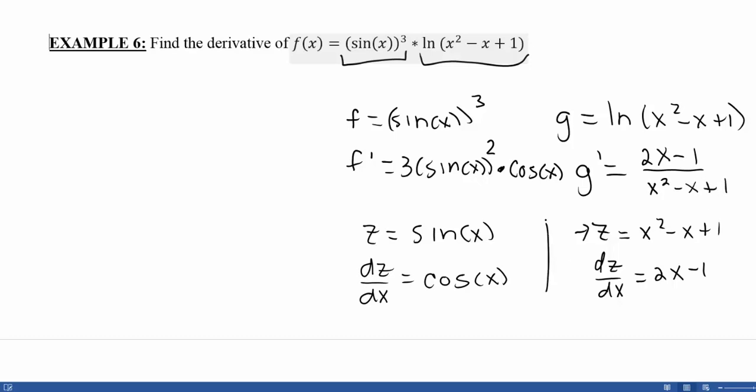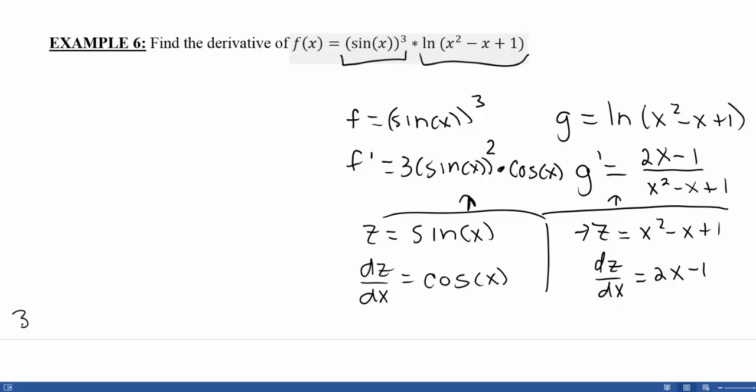So I had to use a chain rule for both of these to find their respective derivatives, but within the framework of a product rule. So now, putting all of that together, I'm going to be multiplying f prime times g.